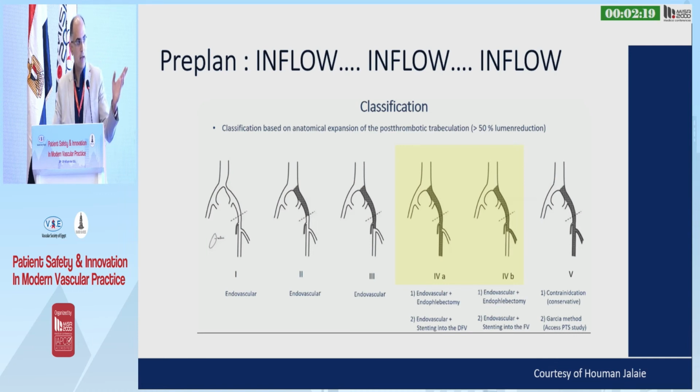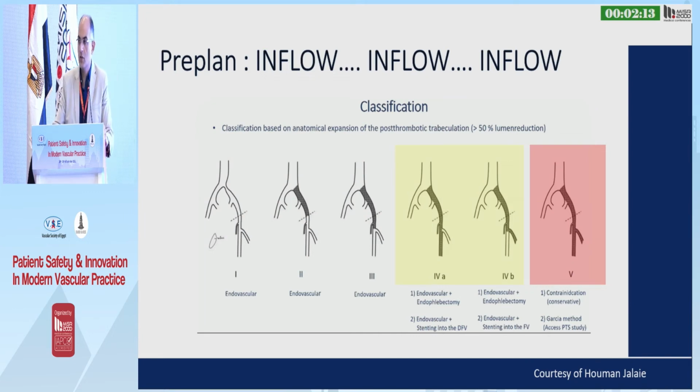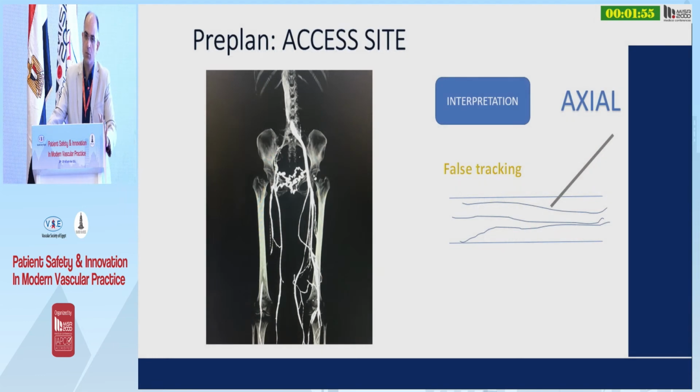However, type 4 or type 5 is not recommended at all for stenting. Don't waste your time. These patients have a very poor prognosis if all the inflow is occluded. So for type 4A or type 4B, you need to extend your stent into the inflow vessel to secure the inflow. So inflow is very important.